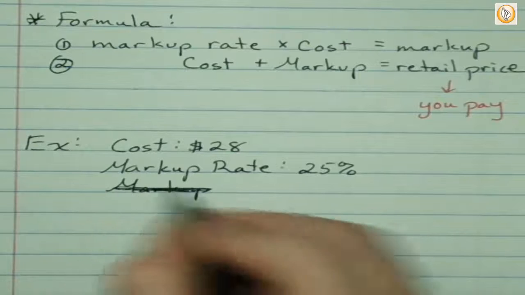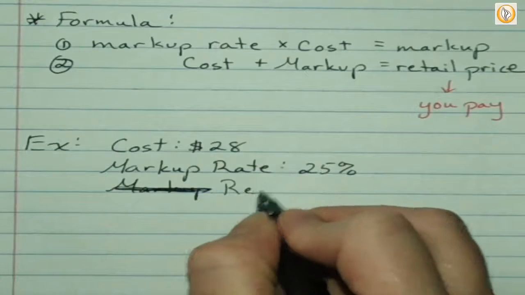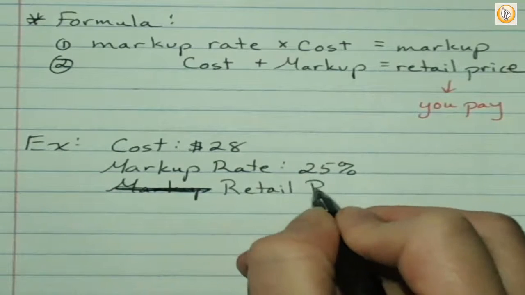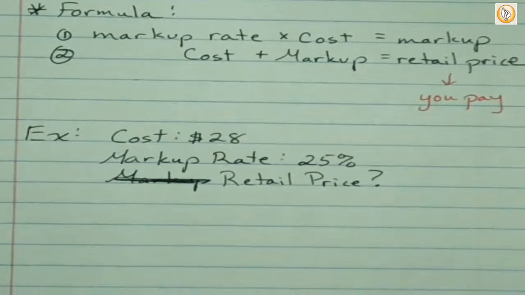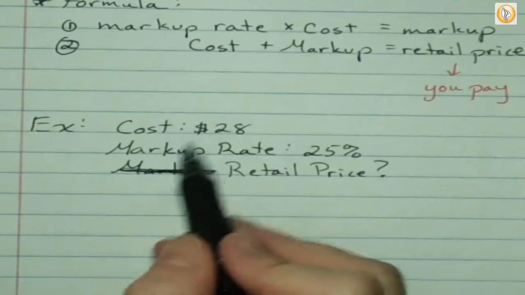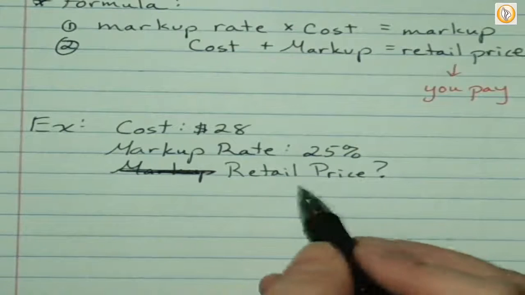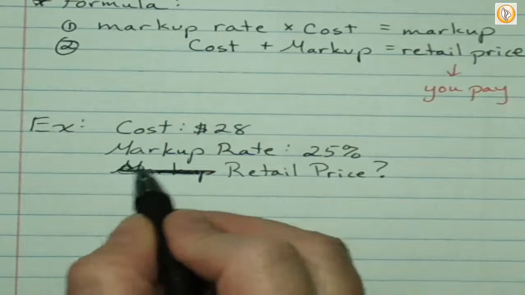I'm going to take out the markup question and just say I want to know what the retail price is. So all I gave you was cost and markup rate. I need to know the retail price.